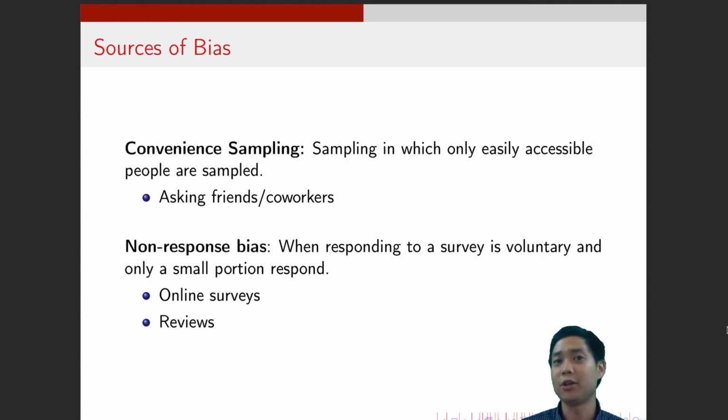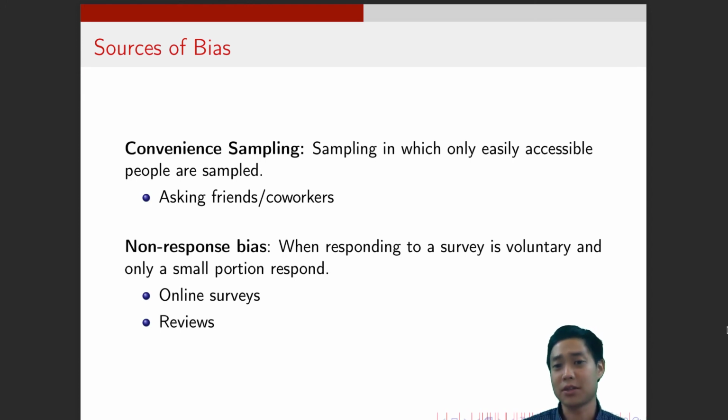For example, if you're trying to interview students at University of Maryland, it might be tempting to camp out at the student union and just ask people passing by. But that's a convenience sample, and you might miss some people, or you might have a much lower probability of sampling some people who don't really go to the student union that often. So you do have to be careful about falling into the trap of convenience sampling.